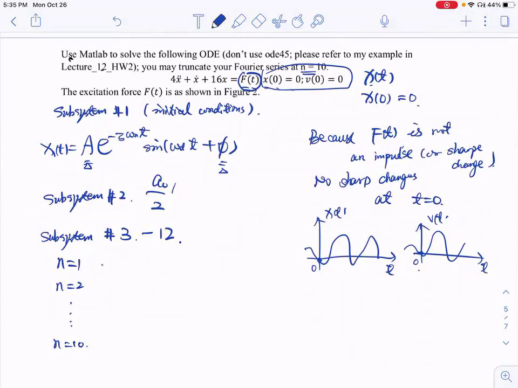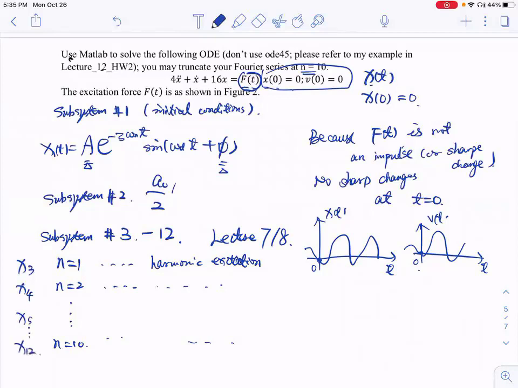For each n, you have a harmonic excitation. So you have to go to lecture 7 or 8 to find the solution for the nth harmonic excitation. So you're going to have x3, x4, x5, all the way to x12, right?